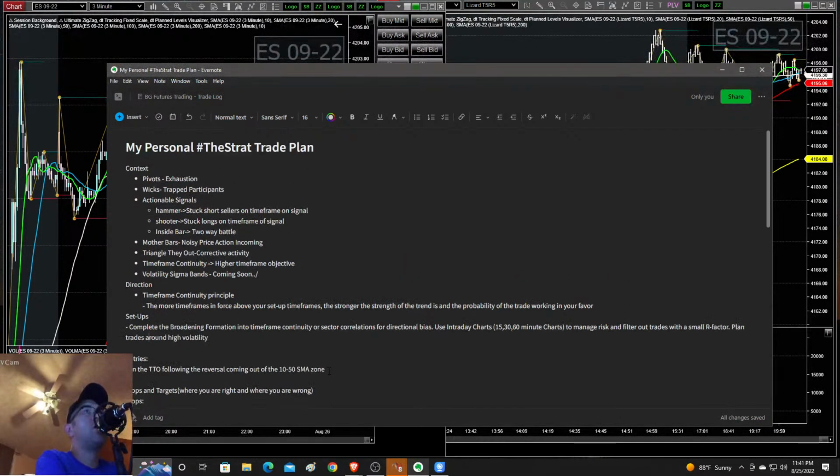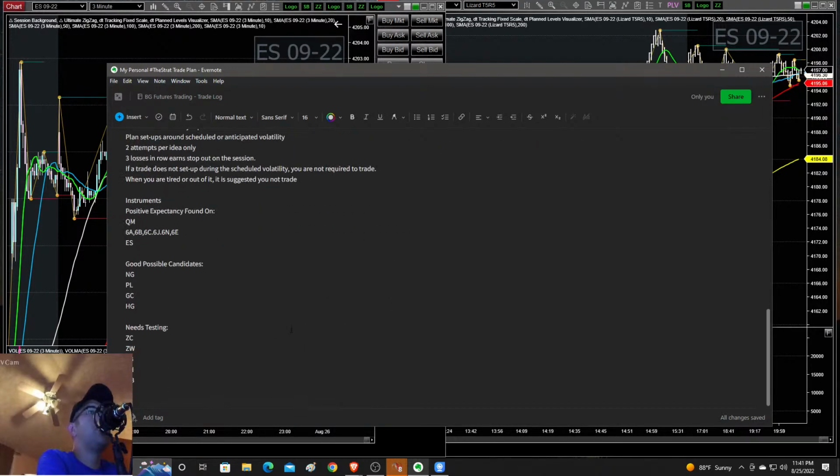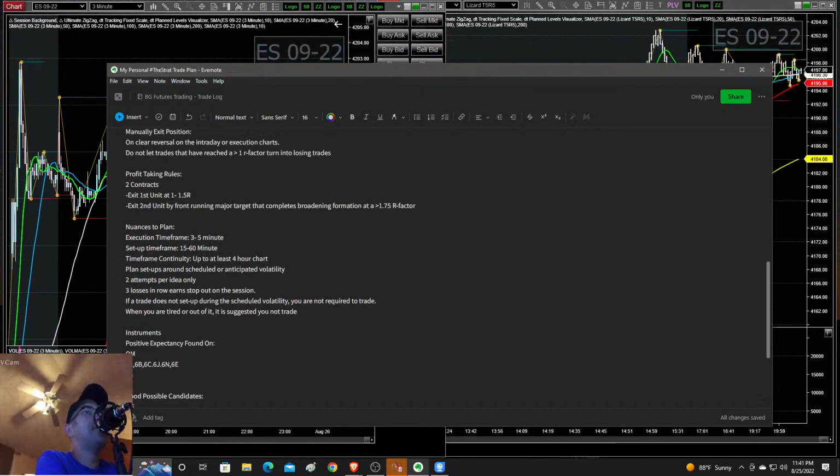That's why I'm sharing this with you guys, because the strat is really nice. It has everything that you need for a trade plan packaged up really nicely, and a beginner can grab this and run with it. They can run with it really, really easily if they want to.